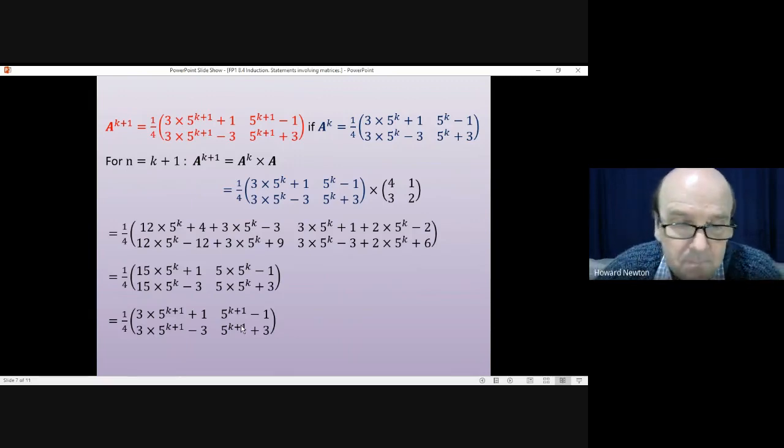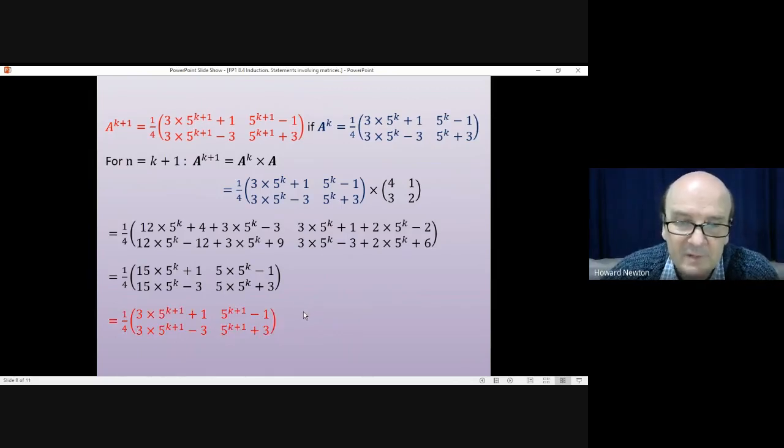What we then do is we take 5 out of each of these constants, and we bring that 5 into the power. So the 5 from the 15 we put into the power, so we get 3 times 5 to the power of k plus 1. Same here, we put the 5 into the power, so we've got 1 times 5 to the power of k plus 1. And same again with the other 2 terms.